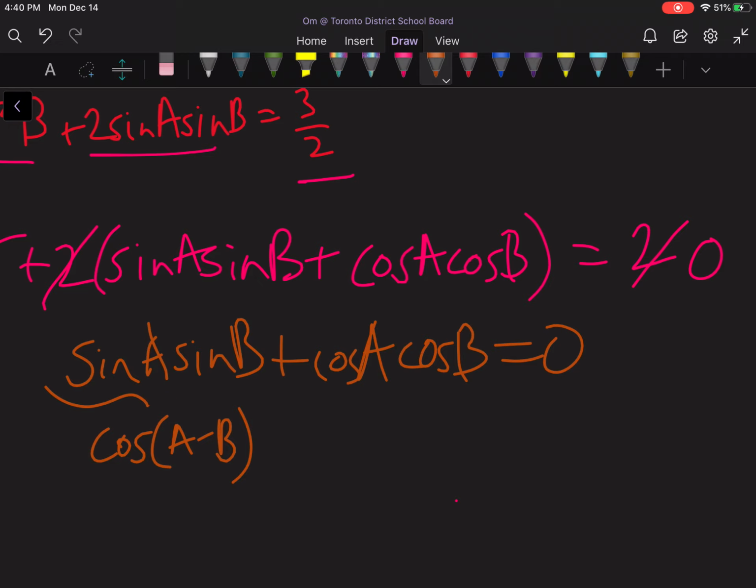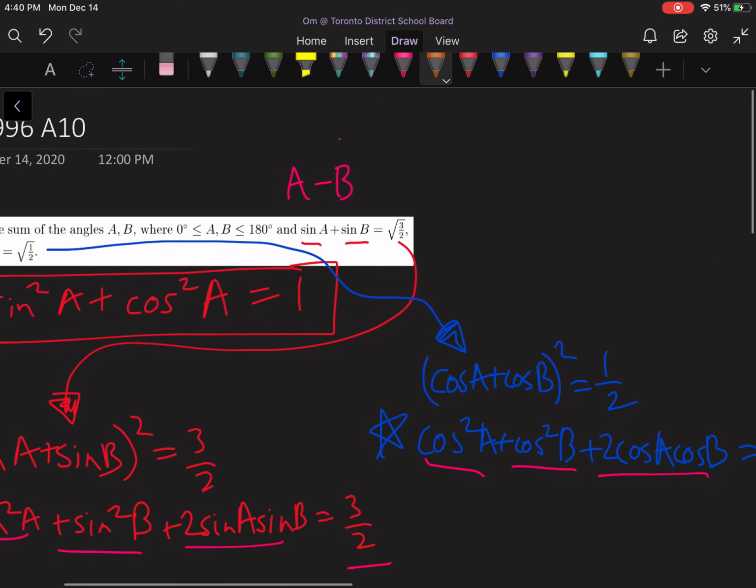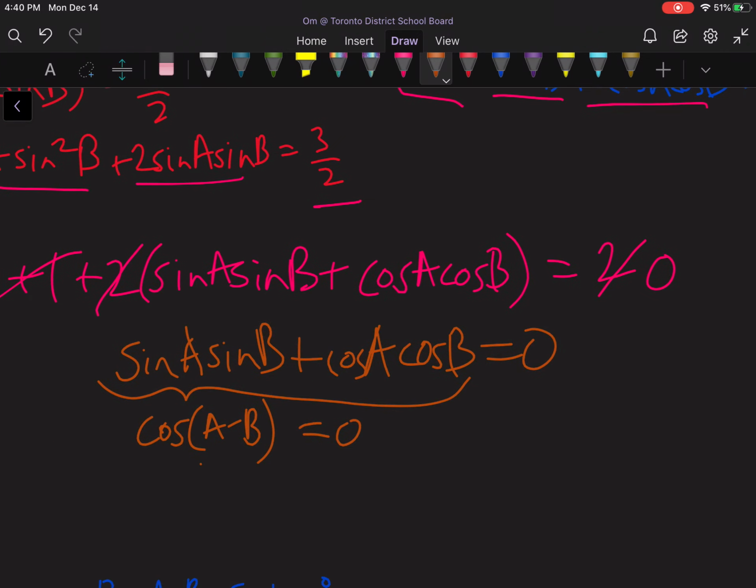It's literally the definition. Memorizing your trig angle addition and subtraction formulas is a key way to do well in math contests because it opens up so many techniques to you, such as this one. So we can just substitute that in: cos of a minus b equals 0. Perfect. Now remember, what do we want to find? A minus b, right? So we just take the inverse cosine of both sides.